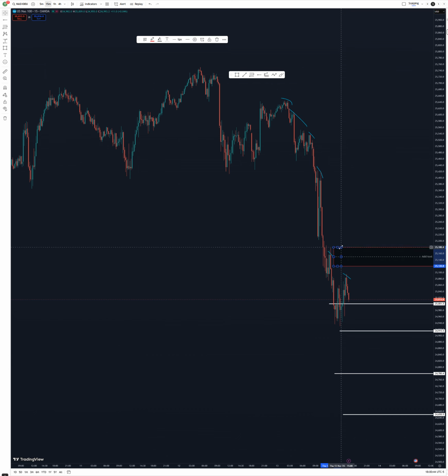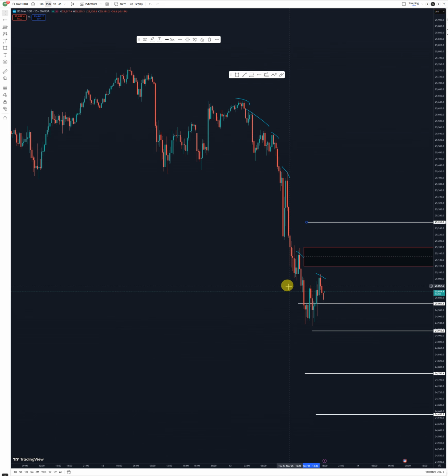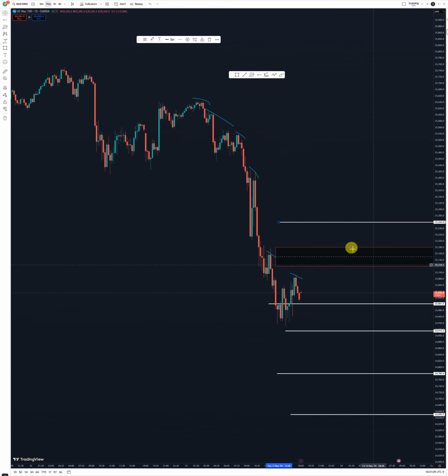And I'll put my stop at 25,260, which is right here. I trade the mini, so I let my trades play out. You guys do whatever is best for you. Manage risk. But this is what I'm looking at.